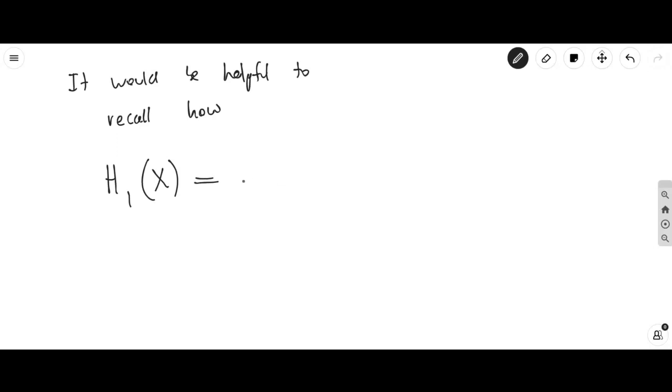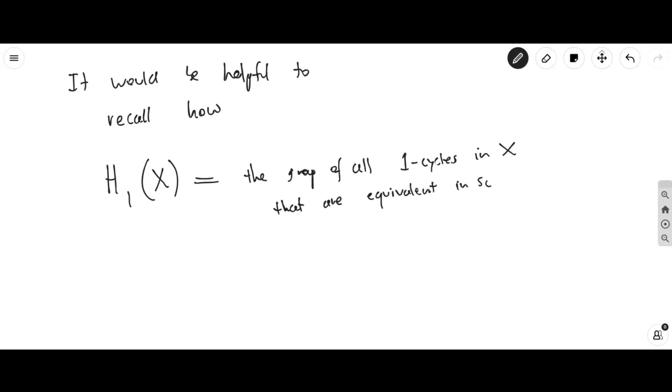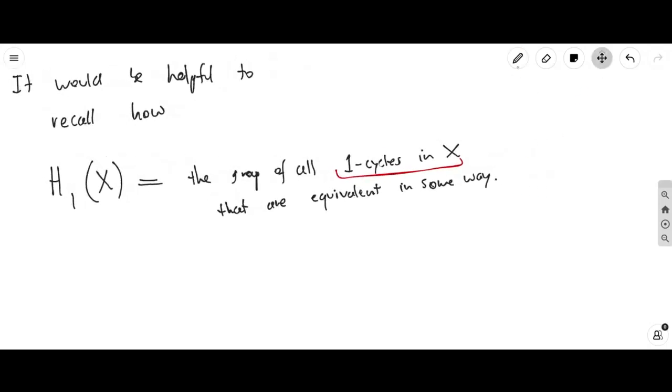This is the collection, the set, you can say the group, because it's going to be a group, of all one-dimensional cycles in X that are equivalent in some way. So you have to put an equivalence relation on that, but basically it's the one-cycles in X. And what is a one-cycle? Well, here's the way you do it.